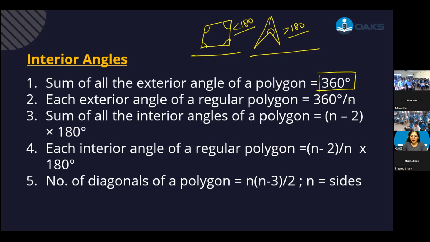You all know that, right? Sum of all the exterior angles of a polygon is equal to 360 degree. Now, the other thing that I am telling you, each exterior angle of a regular polygon is equal to 360 degree by n. Now, what is n here? N is always the number of sides.